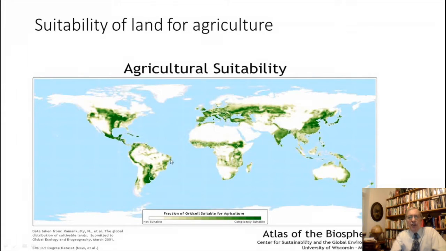Eastern Brazil has some good agricultural land, particularly it's tropical, so you get coffee and sugarcane. You do have a belt of good agricultural land along basically between the Sahara Desert and then the rainforest in Africa. And that's through countries like Nigeria, and all the way over to Ethiopia, where you do have substantial populations.